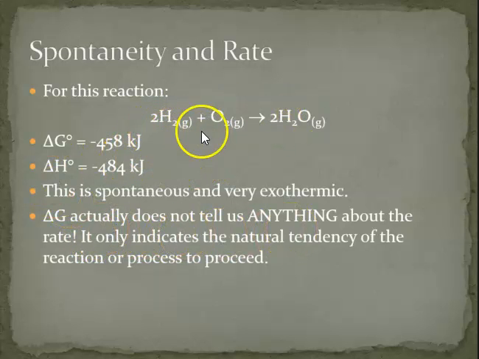Once you actually do light this thing off, yeah, it goes fast. But when they're just sitting there, it's not just going to spontaneously explode into a fireball. The delta G just indicates the natural tendency of the reaction or process to proceed. So this definitely does have a strong will to go forward. You just need to get it over that activation energy, and then whoosh, it will go.